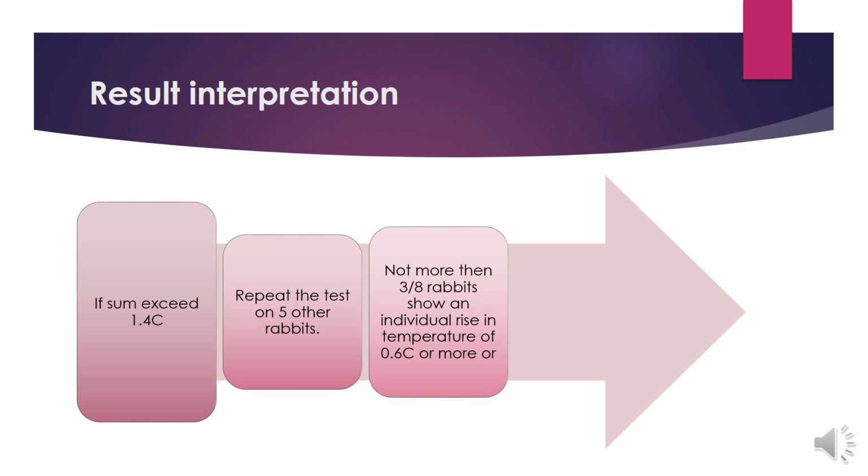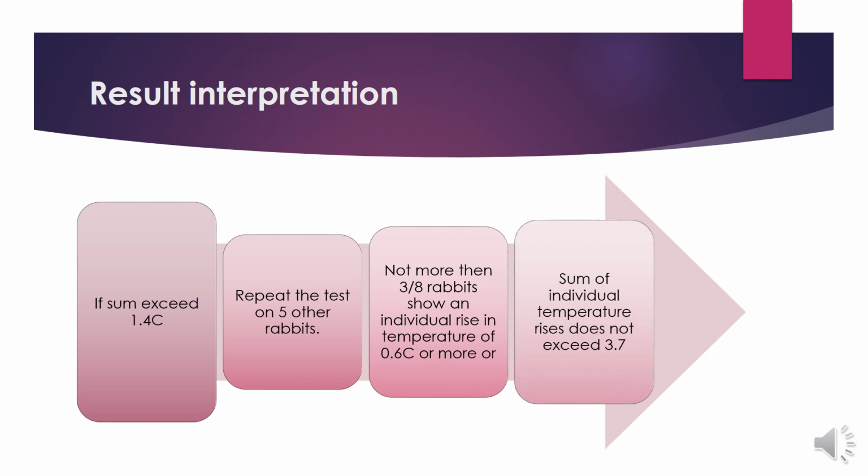So again, there's a parameter that not more than 3 out of 8 rabbits show an individual rise in temperature of 0.6 or more, or the sum of individual temperature rises does not exceed 3.7 degrees centigrade, the test passes.